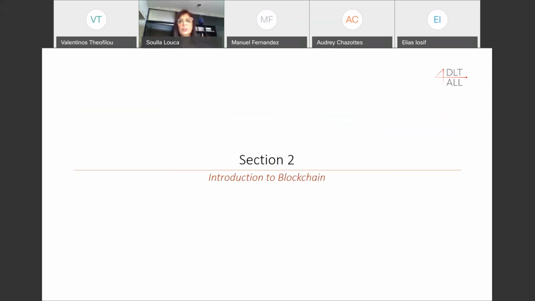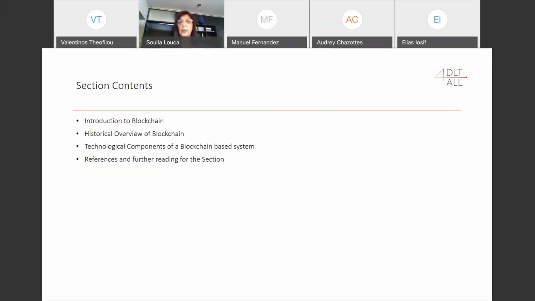Let me move now into the second section, which is our main material, sections 2, 3, 4, and 5. In this section, we are going to have an introduction to blockchain, give a historical overview, discuss the various technological components of a blockchain-based system, and at the end of the section, we have some references for further reading for you.